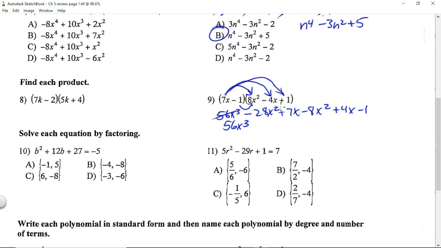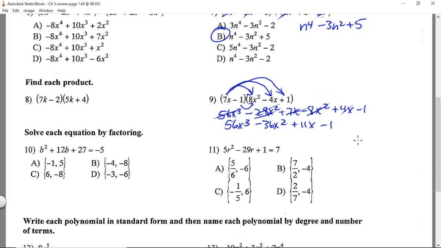There's no more x cubes. For x squareds, we have negative 28x squared and negative 8x squared. Add those together, and that's negative 36x squared. And then 7x plus 4x is 11x. We'll cross those off. And then you have minus 1. Okay, so that is that one.